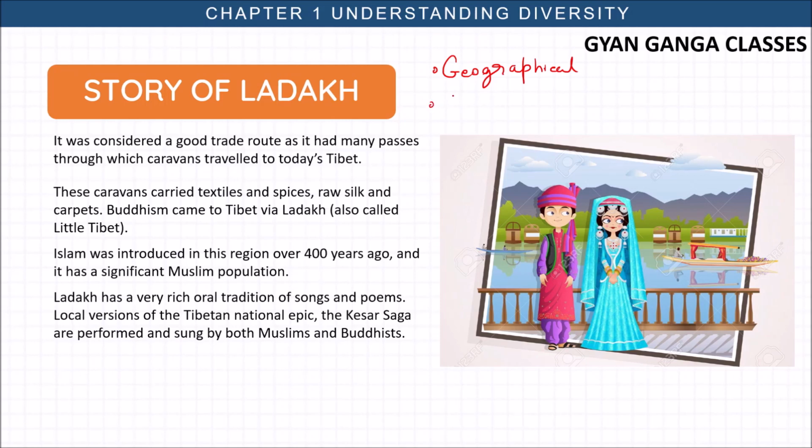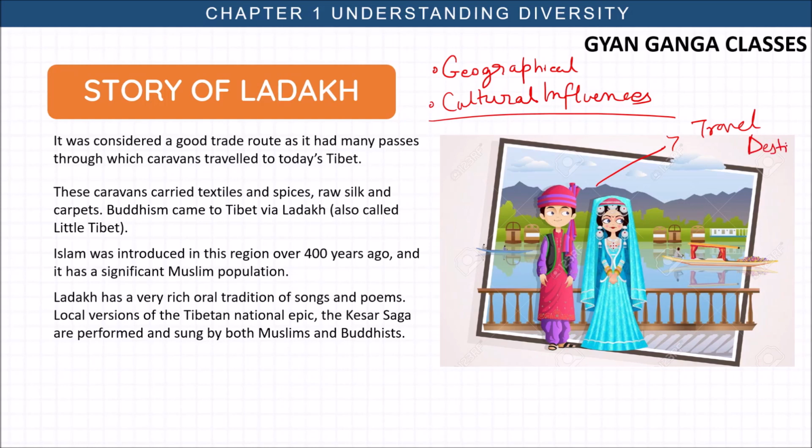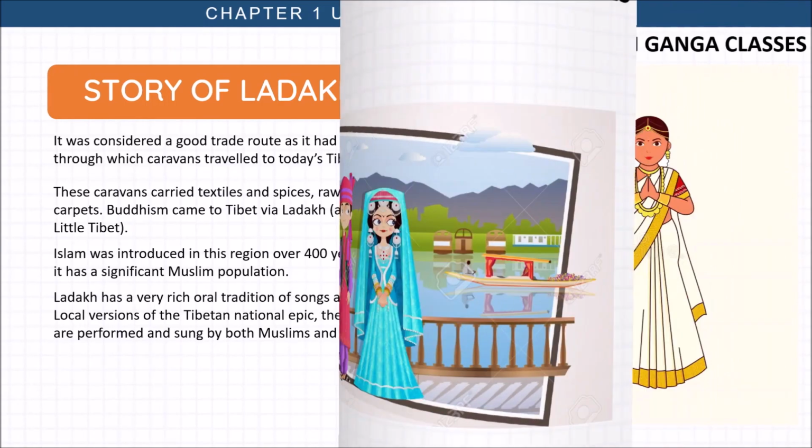We read this, right? And because of the diversity that developed there, it is popular as a travel destination for people to come over there and enjoy their geographical assets, their cultural differences, and so much more. They just celebrate it.